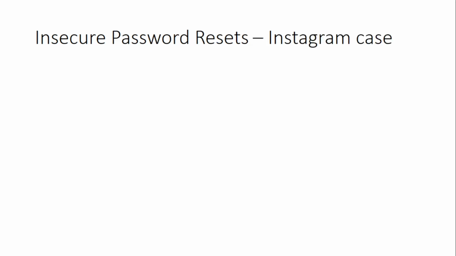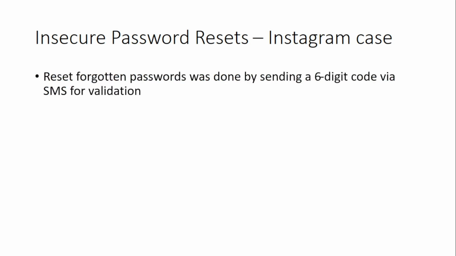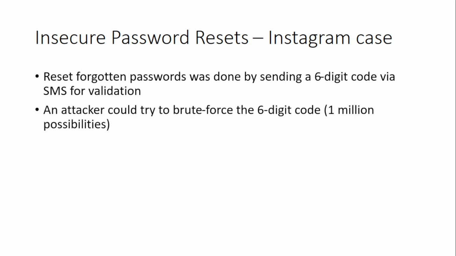Another case we can study is the Instagram case. So a while ago, Instagram had this vulnerability. When you forgot your password, to reset the password, there was a 6-digit code that was sent via SMS for validation. And an attacker could try to brute force the 6-digit code, which means you have from 0 to 999,999 or something like this, which is 1 million possibilities.